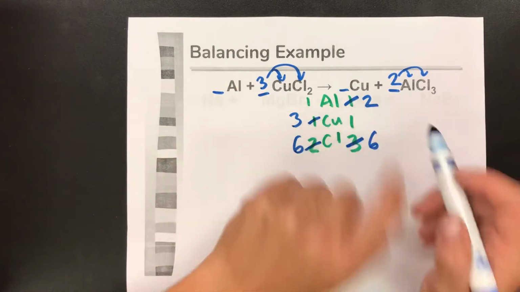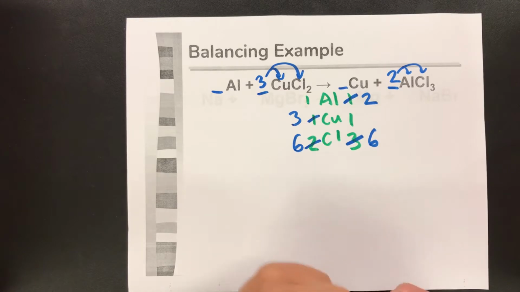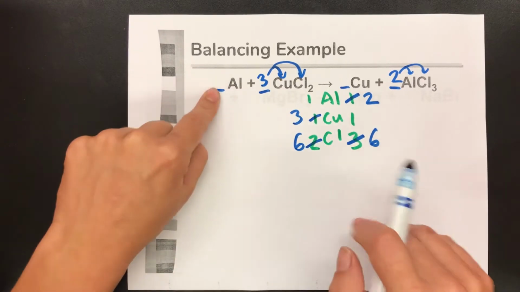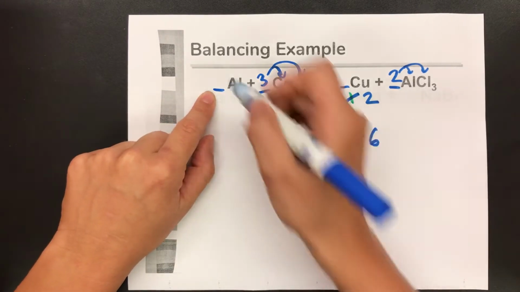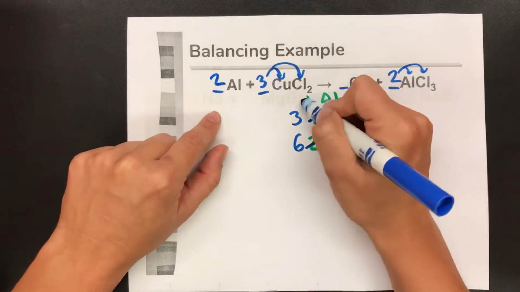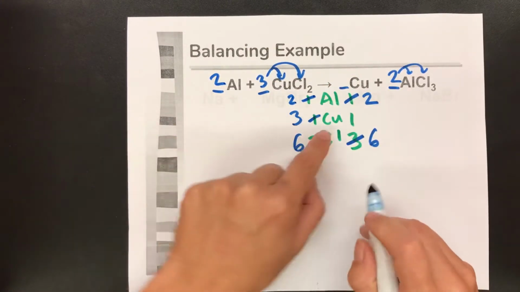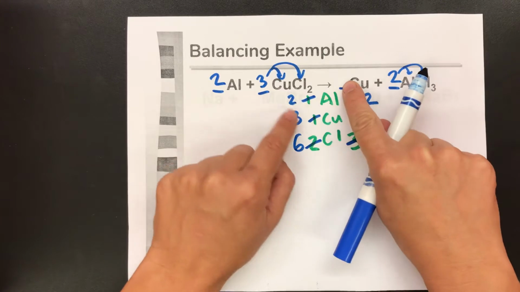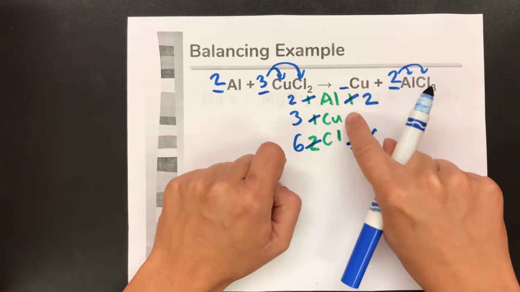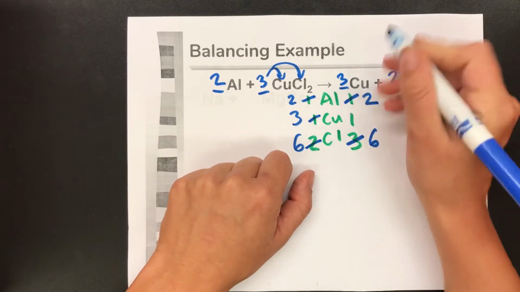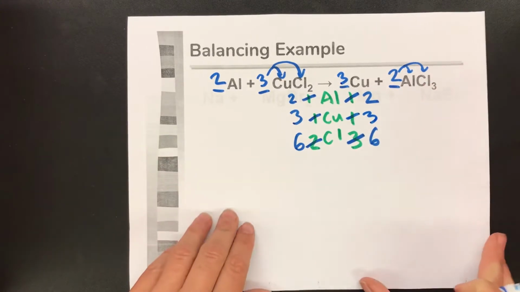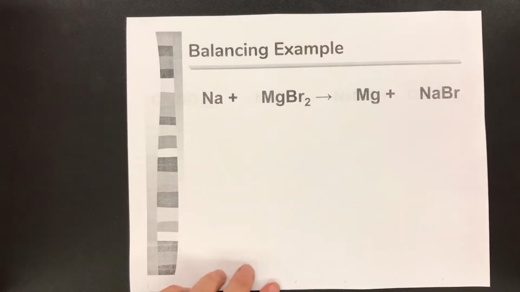Aluminum, we have 1 and 2. Where are we going to put a coefficient? On the side with the least amount, so we're going to go over here. So what times 1 equals 2? So you put a 2 and fix. That is good. Copper, we have 3 and 1. So what times 1 equals 3? And there you go.